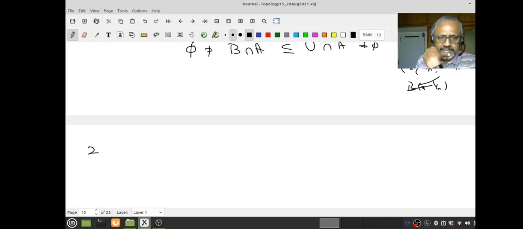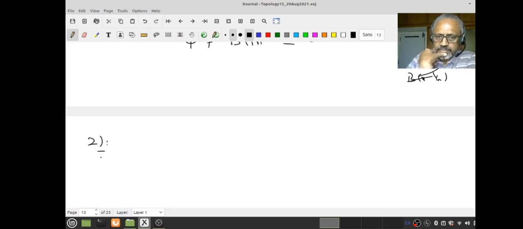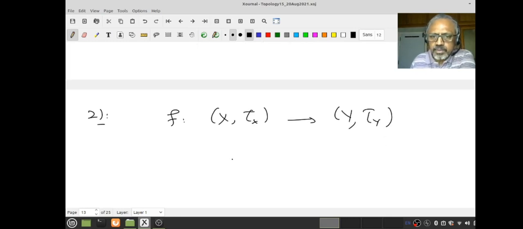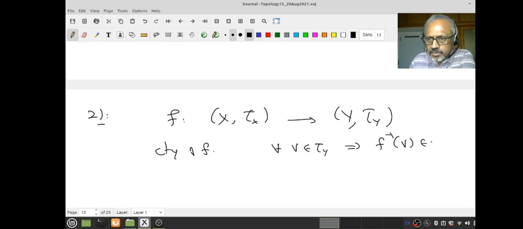And the second thing is the following. Suppose I have a function f from a topological space (X, tau x) to a topological space (Y, tau y). I want to check continuity of f. So what was our mantra? For every V in tau y, f inverse of V, the inverse image, belongs to tau x.